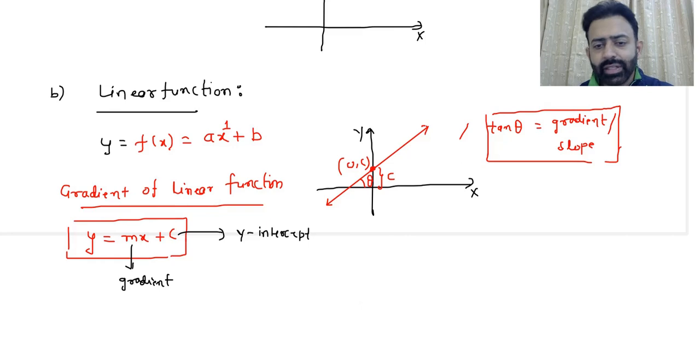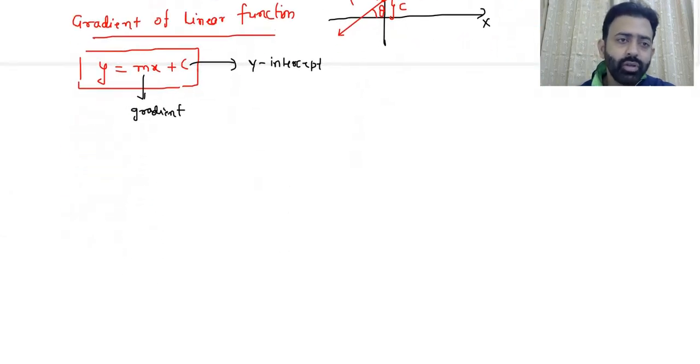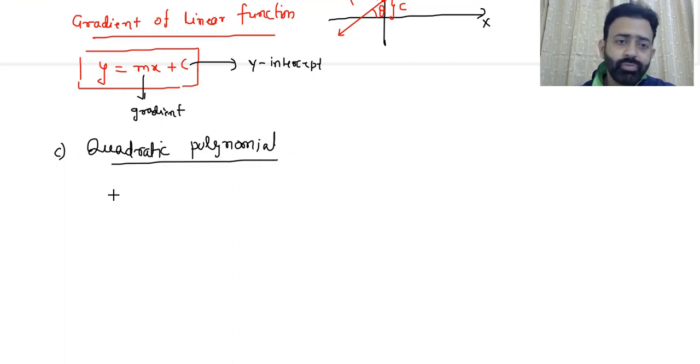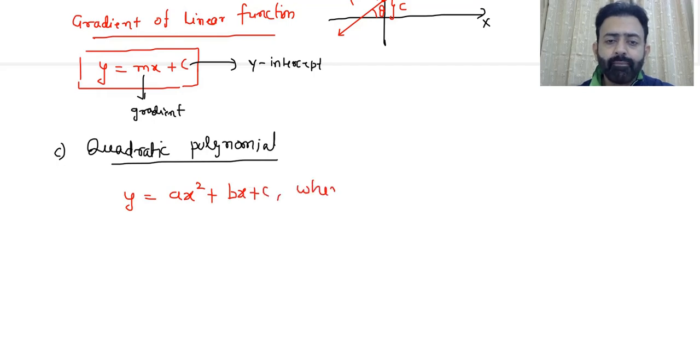Then let us increase the degree from 1 to 2. If we increase from 1 to 2, we arrive at the third part, which is the quadratic polynomial, whose degree is 2. Okay, so any polynomial expression of the type y is equal to ax square plus bx plus c, where a should not be equal to 0, right?